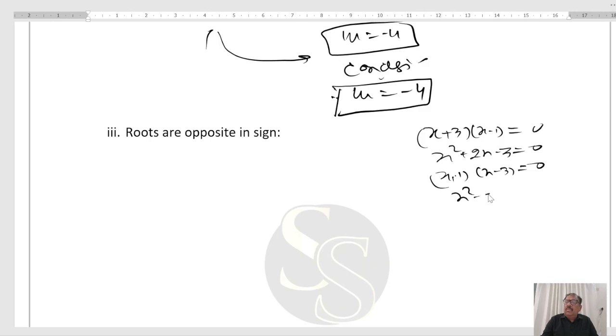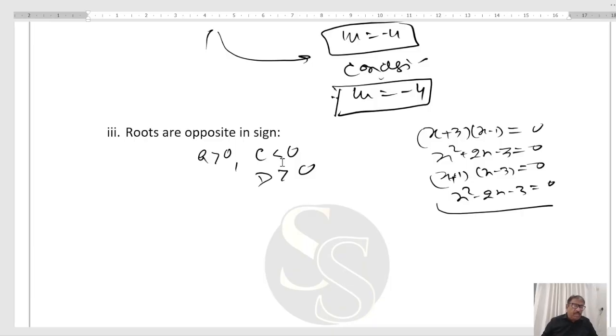This means a should be greater than 0, c should be less than 0, and D should be greater than 0.